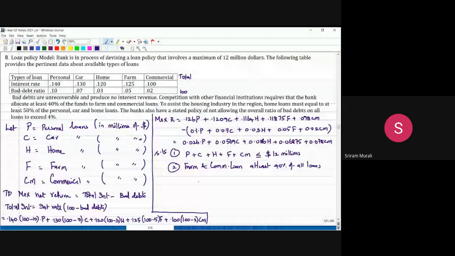You know the total is P plus C plus H plus F plus CM. I want to allocate so that F plus CM should be a minimum of 40%. Am I right? Have you understood?